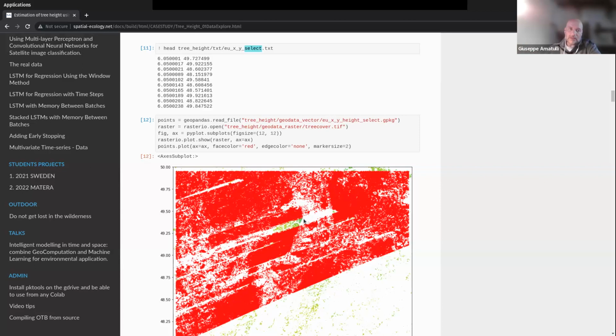We don't need scattering processes in urban or agricultural areas. So I cleaned out all the points that were falling inside non-forest areas, meaning agricultural area, water, and urban area. So we will concentrate only on the points that fall on forest.